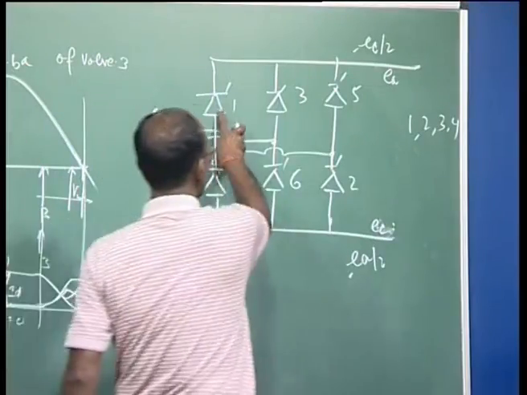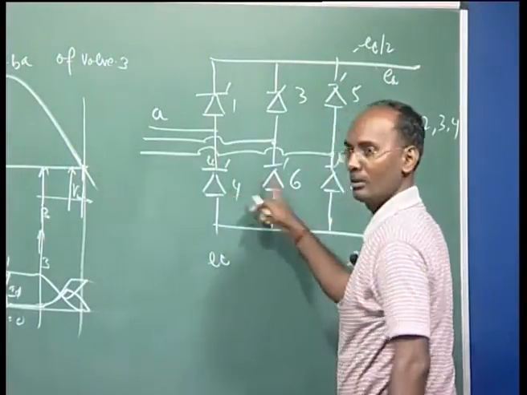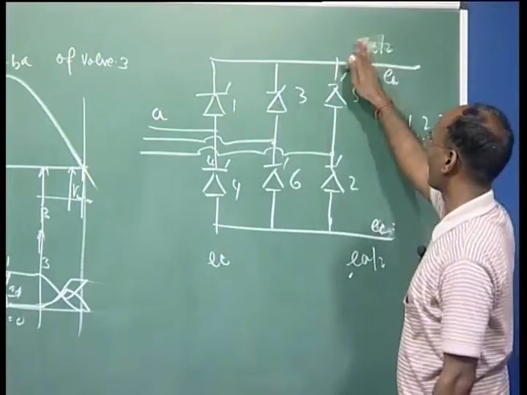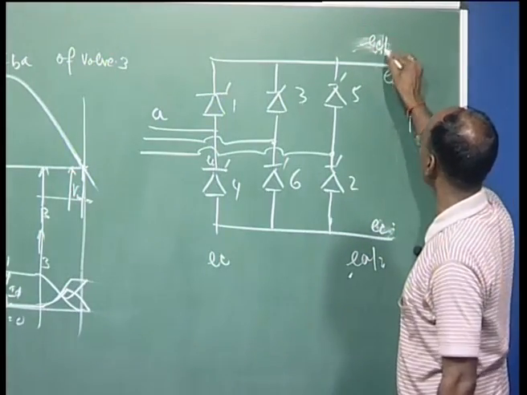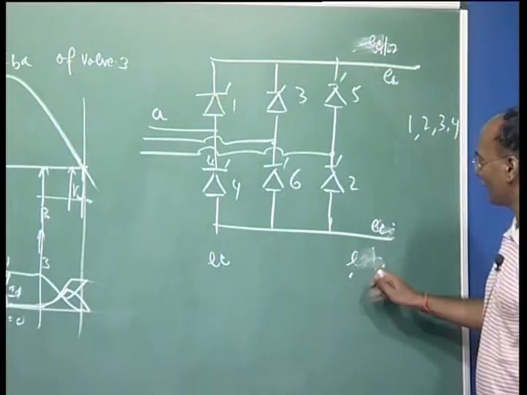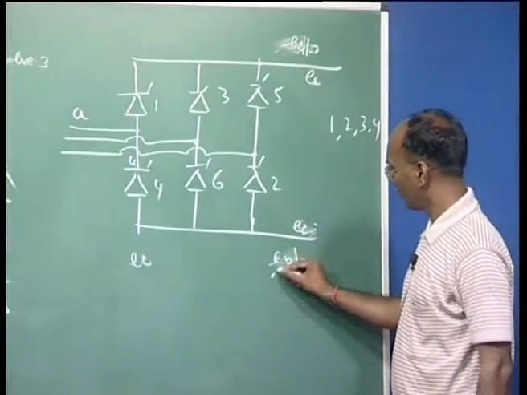But here, since these are conducting here and these are conducting here, the voltages will be different. Once 1 and 3 are conducting, it is of course minus EC by 2. Here 2 and 4 are conducting, it is minus EB by 2.